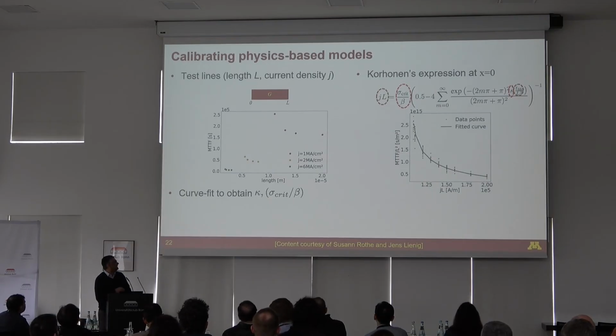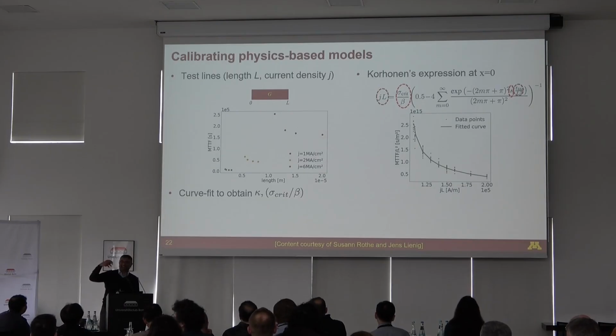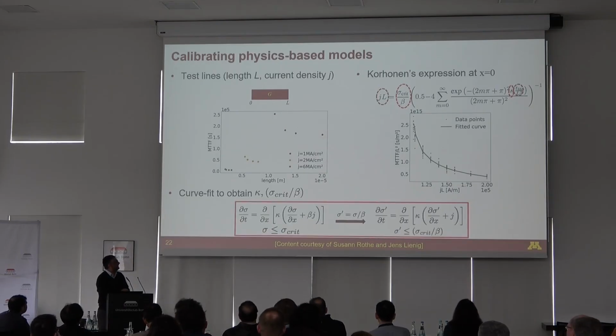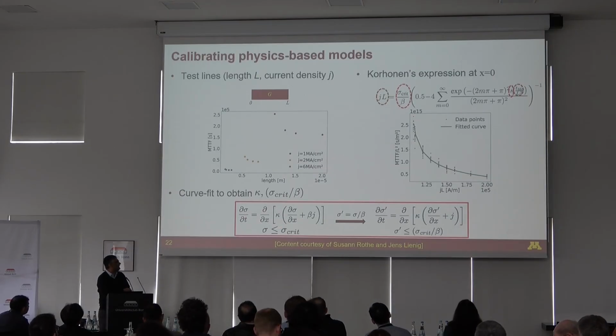Now, this doesn't seem very obvious, and it actually took me a long time to work this out after Suzanne magically said this is true, and I was not convinced, but if you actually do the math, it's a very simple formulation. This is the original partial differential equation. This is the criterion for failure.